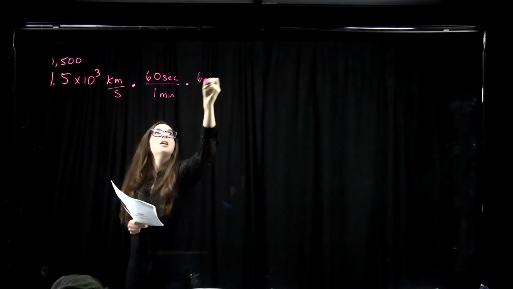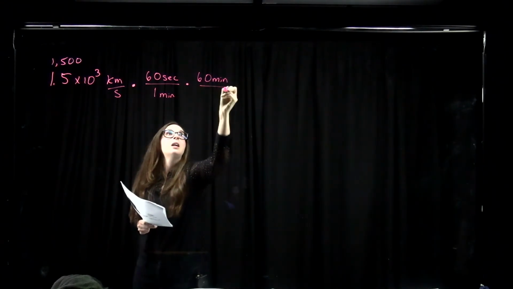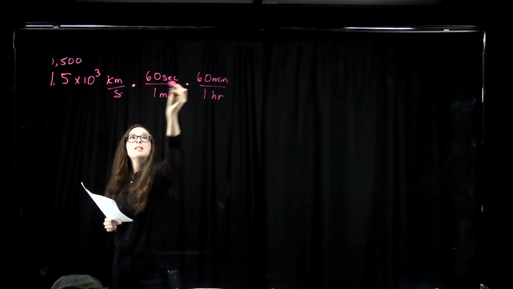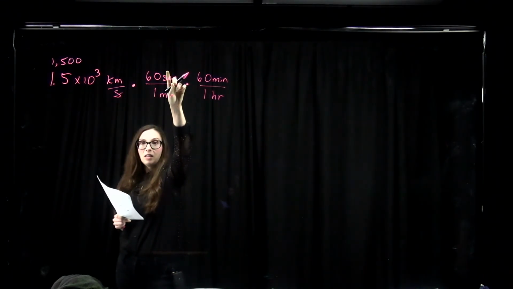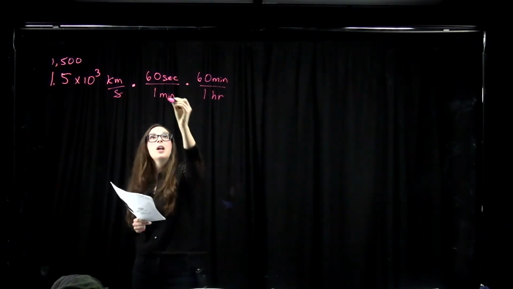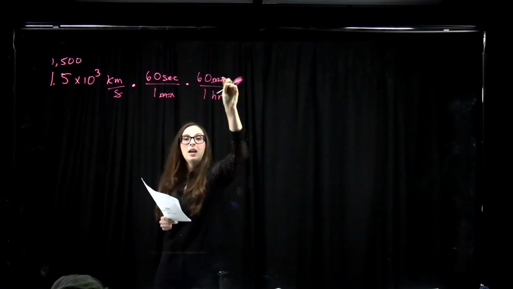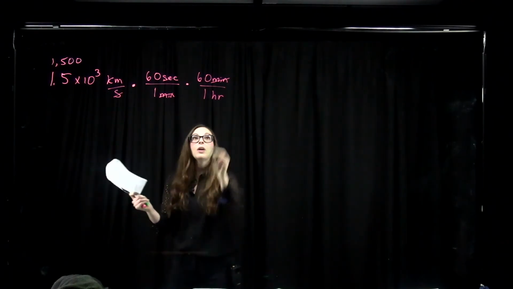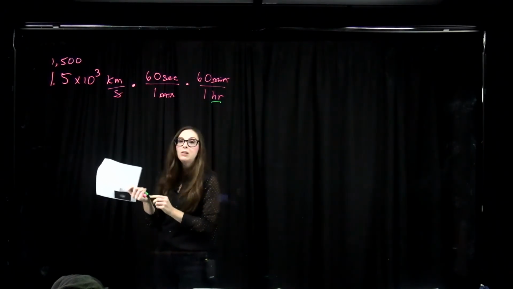And we know that there are 60 minutes in 1 hour. Okay, and so we've got our seconds canceling with our seconds here on this conversion factor. We've got our minutes canceling with our minutes in that conversion factor. And then that leaves us with the hours that we're looking for, at least for the time unit.